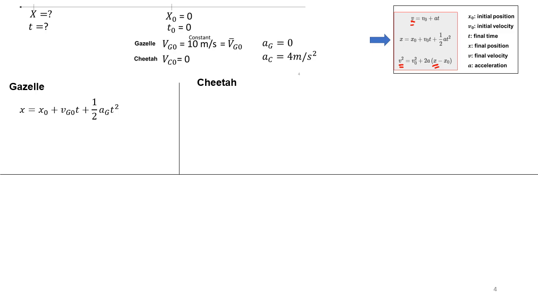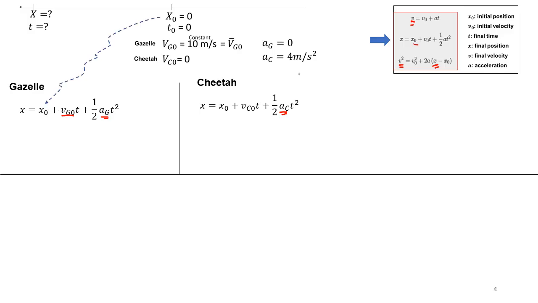For the gazelle, x is equal to x0 plus v0 t, where v0 is the initial velocity of the gazelle, vg0, t plus half ag t squared, where ag is the acceleration of the gazelle. Similarly for the cheetah, x is equal to x0 plus vc0, the initial velocity of the cheetah, t plus half ac t squared, where ac is the acceleration of the cheetah.